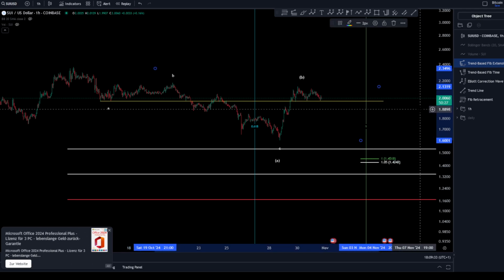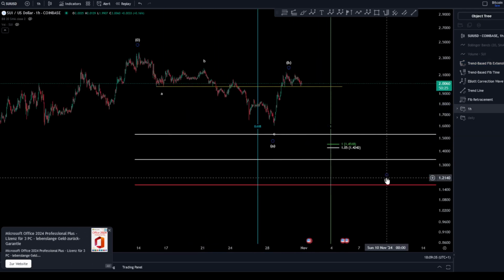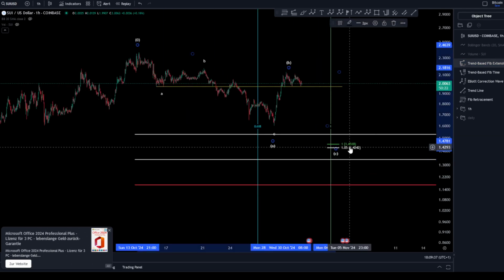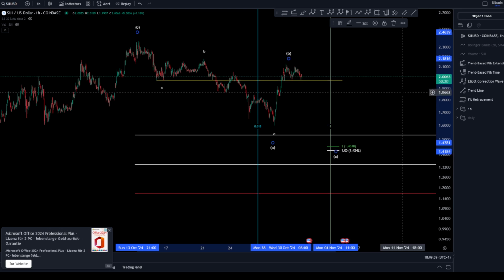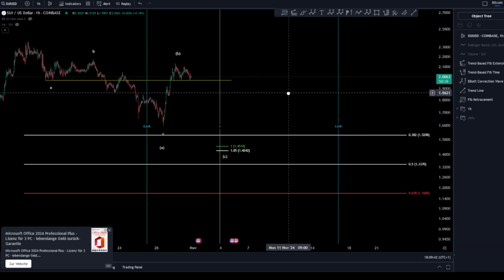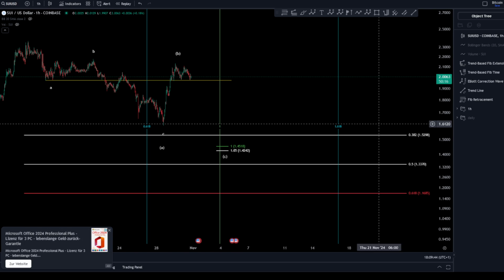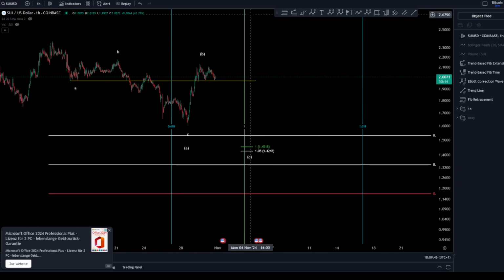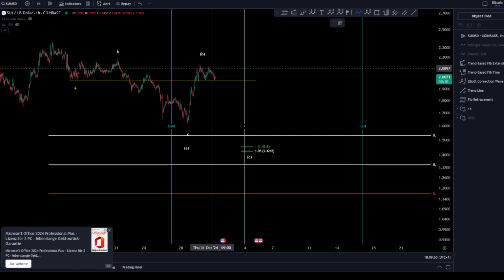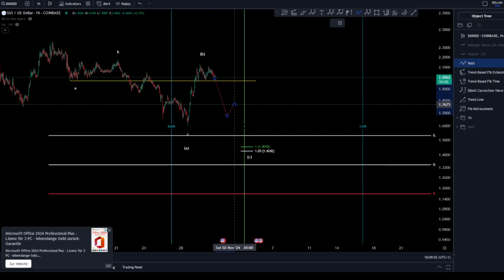These are your perfect targets for a wave C: $1.45 and $1.42, which is between the 0.5 and the 0.38, which looks very logical, to be honest. So let's see 1, 2 possibly, and then a 3, 4, and a 5.